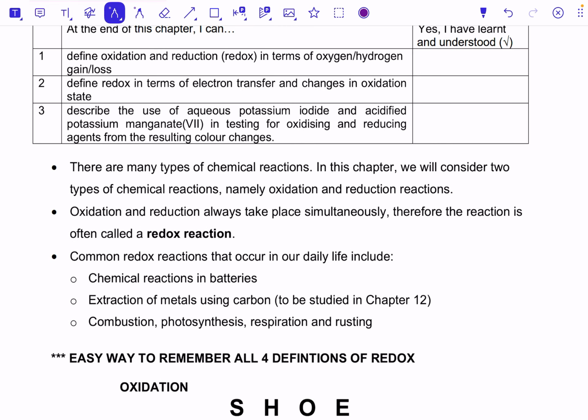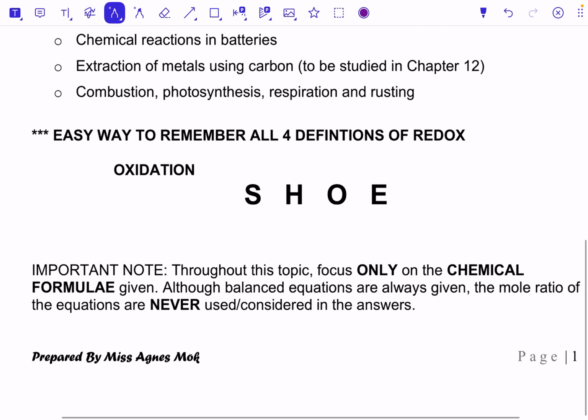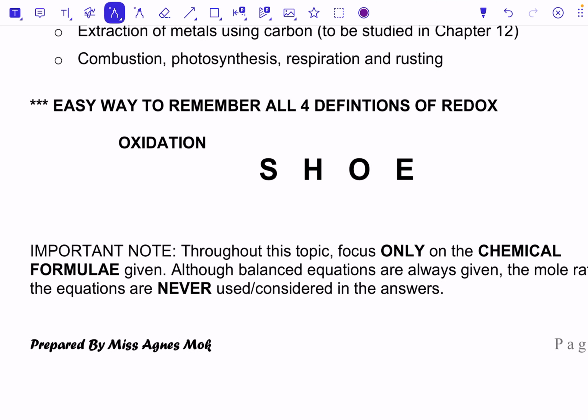We skip everything first. I just want to show you the last part on page 1. You see the word SHOE over there? This word SHOE actually represents the 4 definitions that you all need to know. Let me break it down for you. The first letter, O, represents oxygen.